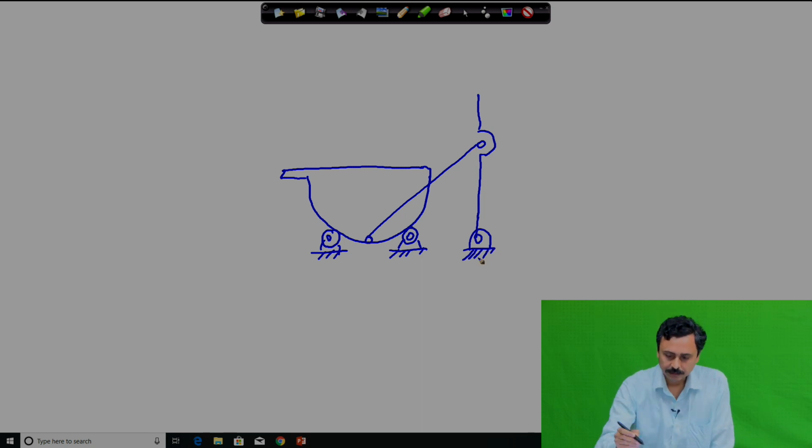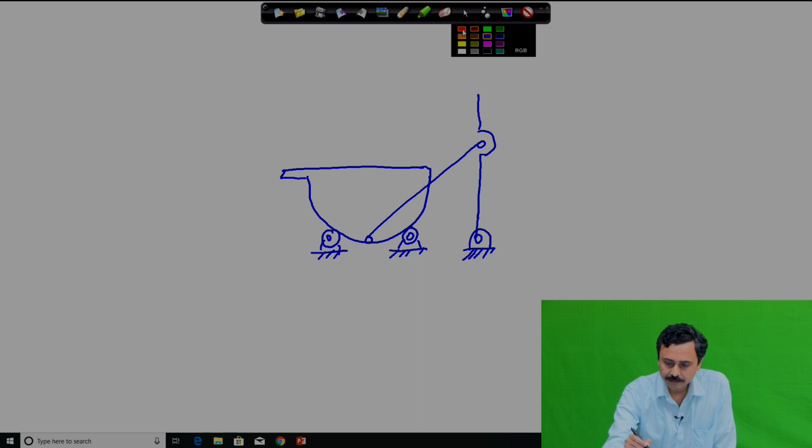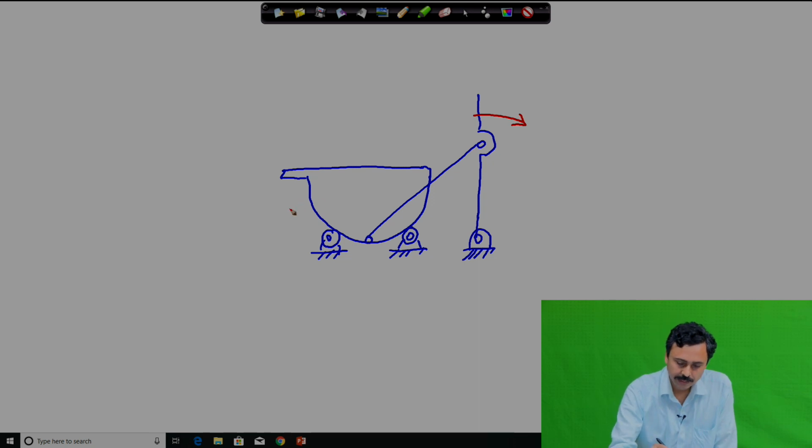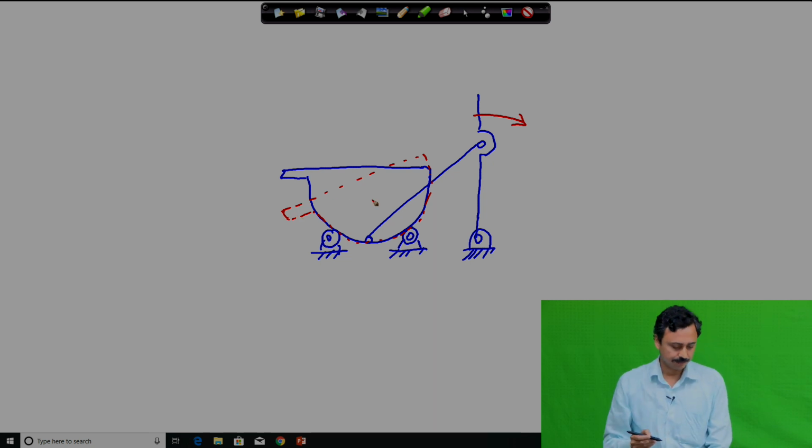As I turn this handle, what we expect is this is going to rotate and it will pour out the liquid that is there in this container.